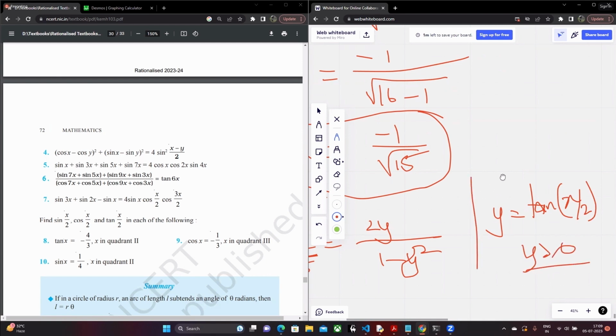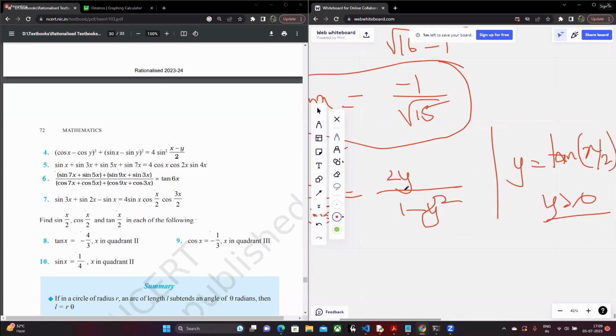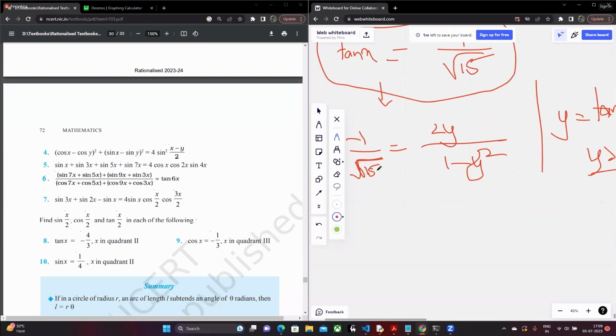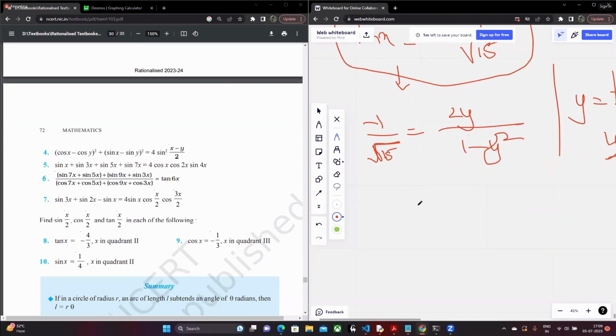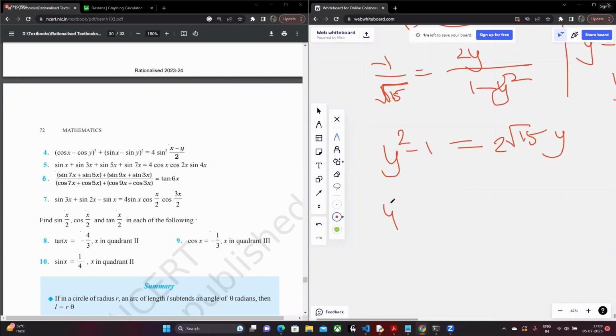Right. So with this in mind, I'll basically cross multiply and state that y square minus 1 is equal to 2 root 15 into y, or y square minus 2 root 15y minus 1 is equal to 0.